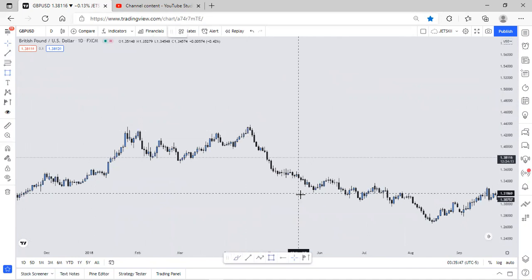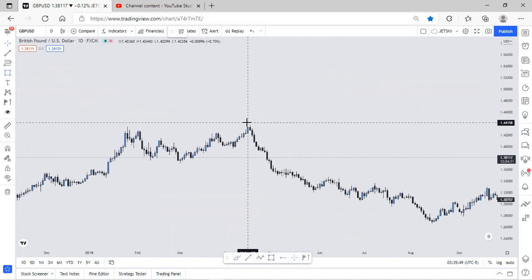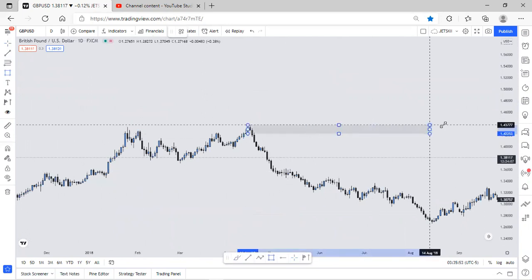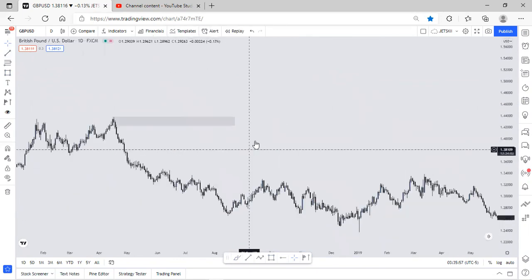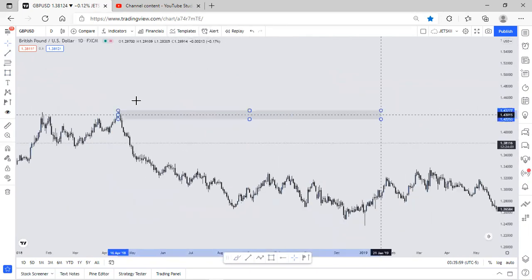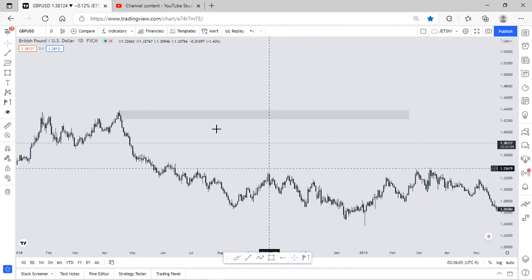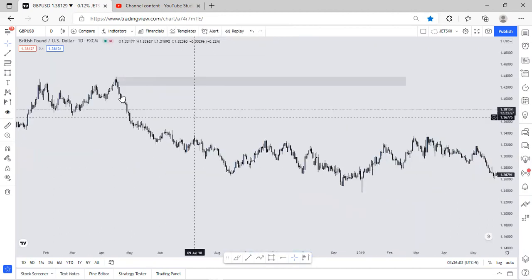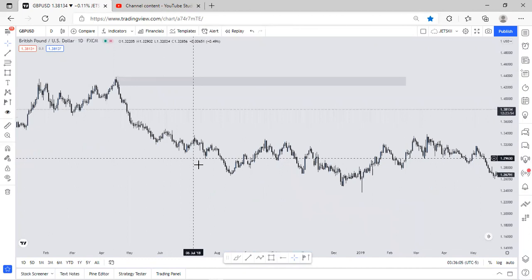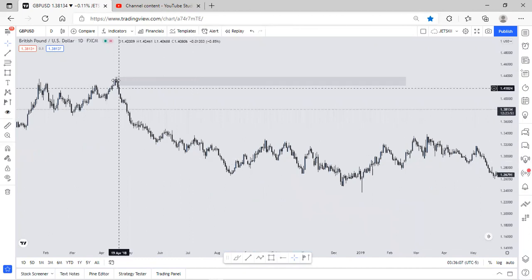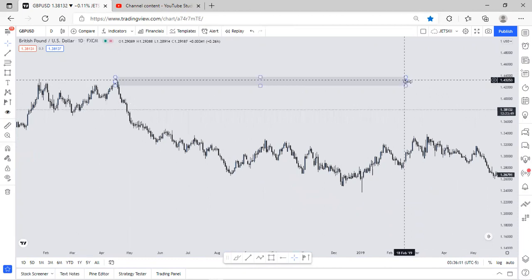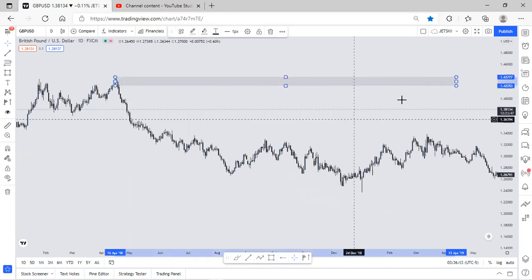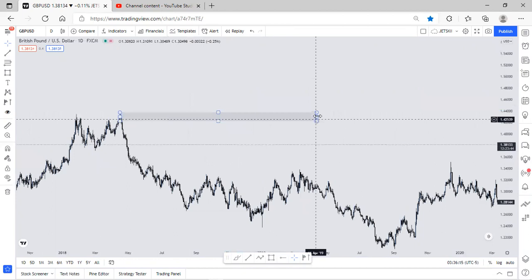Last buy candle before the sell. That's where I place my supply zones. Last buy before this sell. Last buy candle before the major sell. So that's my supply zones. So in future, we might take trades at these areas.